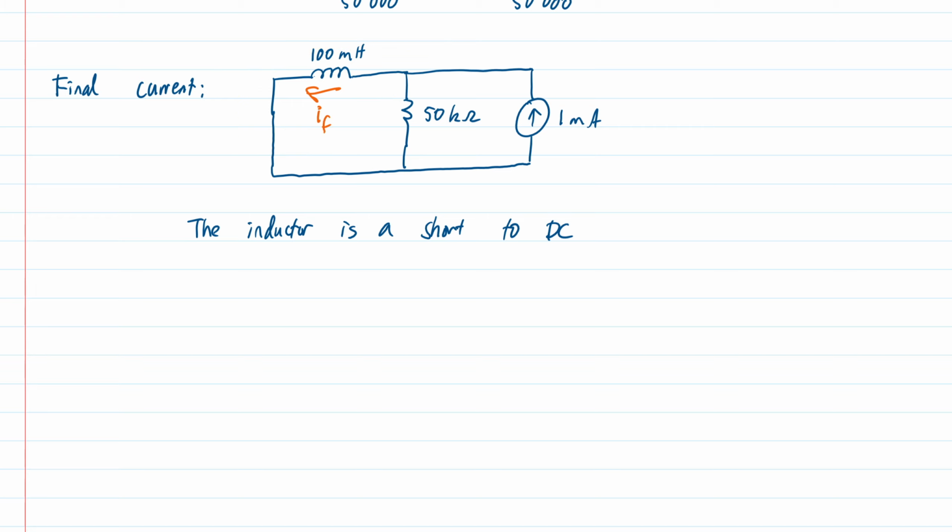None of the current will go through the resistor. It's like a completely one-sided current divider where this part here will win all of the current. So reading straight off the circuit, that final current is going to be just 1 milliamp, and it's in the same direction, so it's positive.